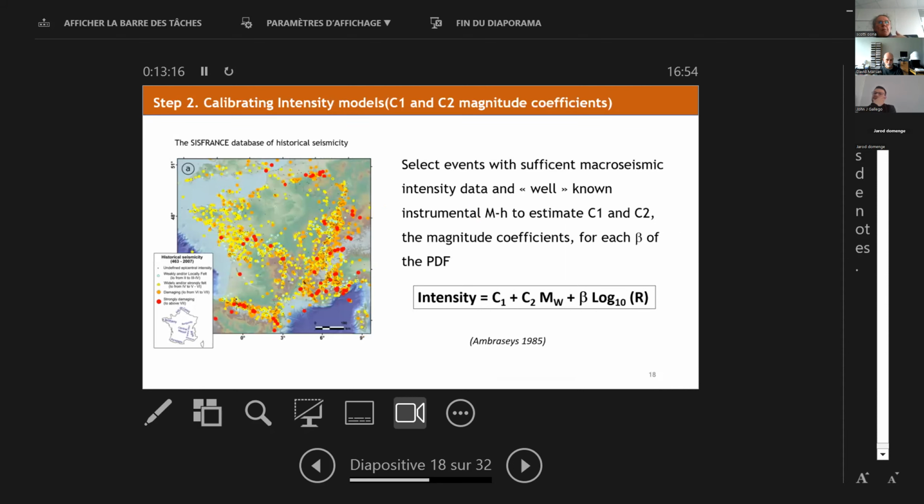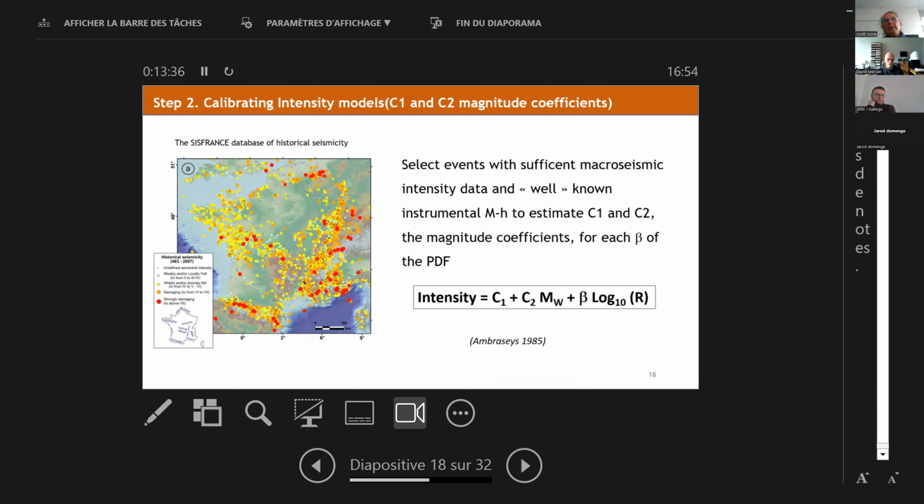So in the second step, we select a different set of events which have sufficient macroseismic intensity data but also well-known instrumental magnitude and depth, to estimate the magnitude parameters C1 and C2.